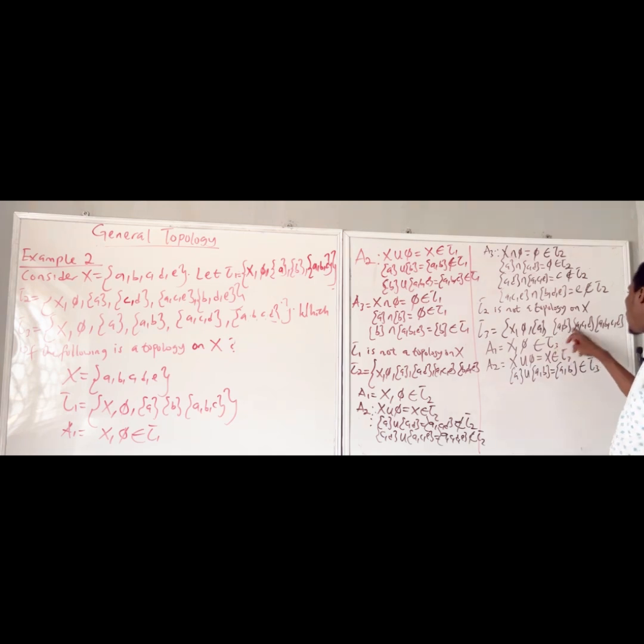Then we now consider AB and ACD. AB union ACD, we are going to have both elements together. We are going to have A, B, C, D. Can we find A, B, C, D? Yes, we can find the open subset A, B, C, D here.